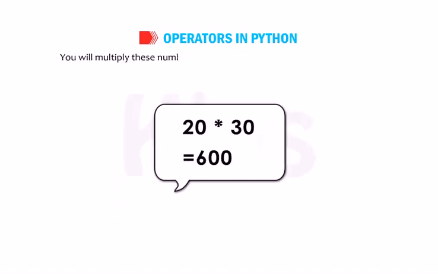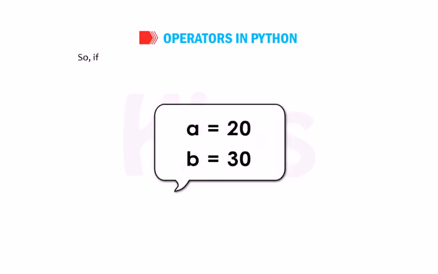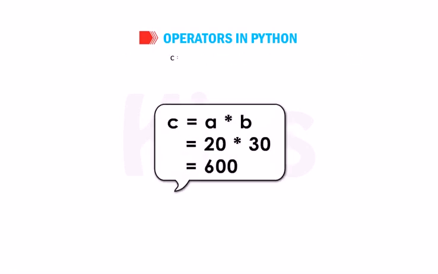You will multiply these numbers, that is 20 into 30, and you will get the result 600. So, if A equals 20 and B equals 30, then the product will be calculated as follows. C equals A into B equals 20 into 30 equals 600.